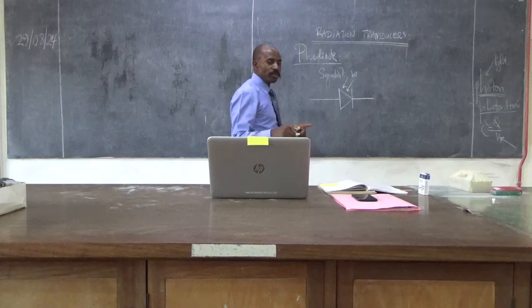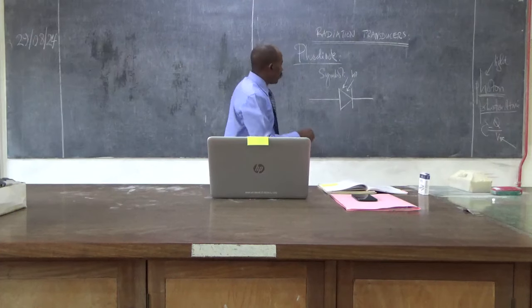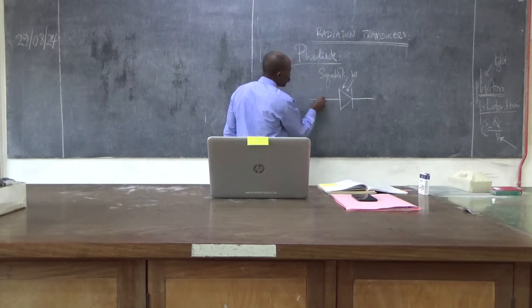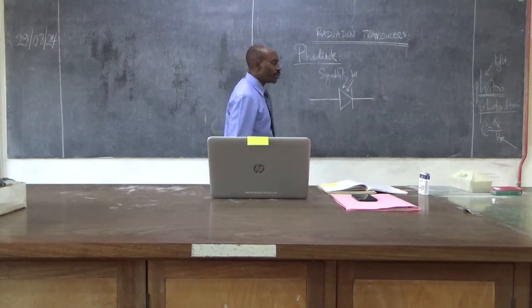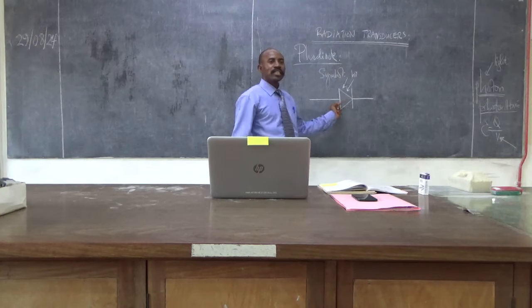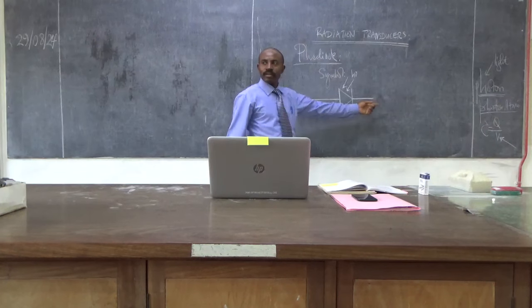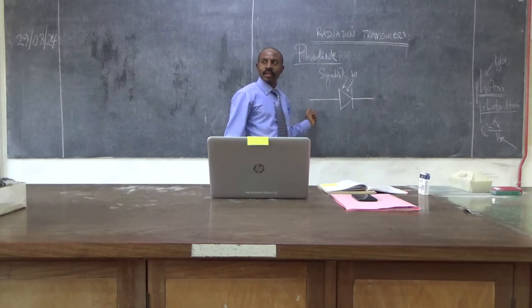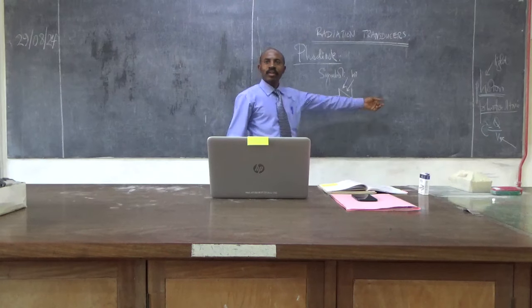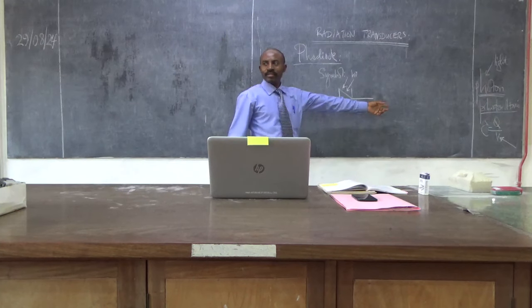The diode conducts in this direction, and if it is conducting in this direction, this will be from positive to negative.